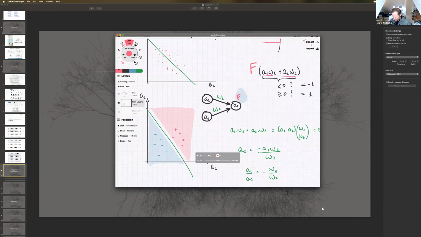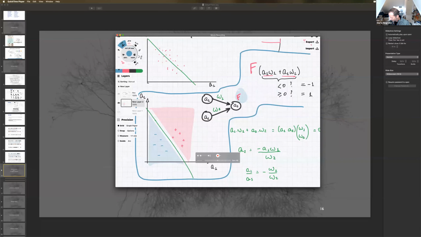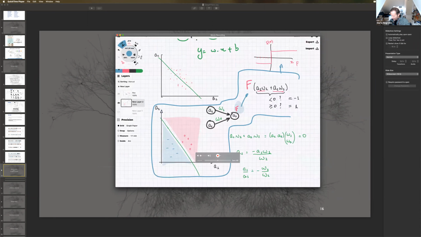So I'm trying to draw here. This function f from this unit has this output. And when it operates on an input space formed by two neurons, A1 and A2, it will distinguish the space between the left and right.